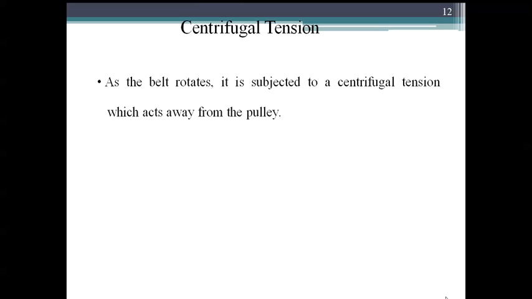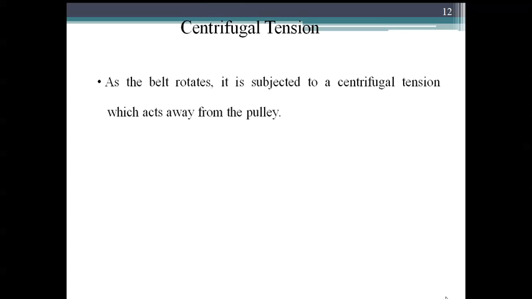So next one is centrifugal tension in the belt. First we should know what is the centrifugal tension.